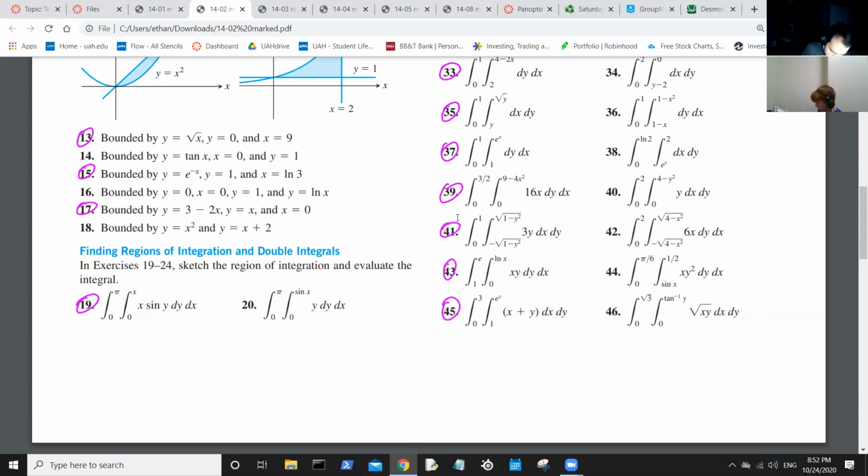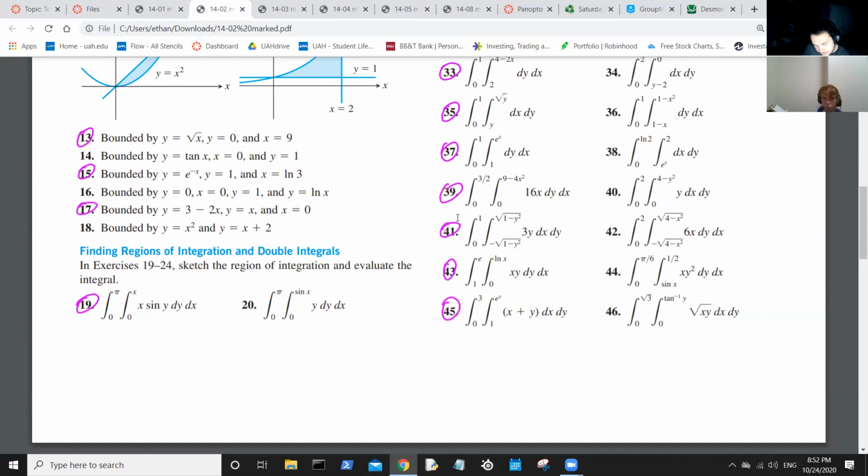Wait. Yeah, our upper bound should still be 1. And then our sideways bounds go from 0. Oh, wait, no. Ooh, almost messed that up. Our upper bound is not 1. In fact, our upper bound is ln 3.